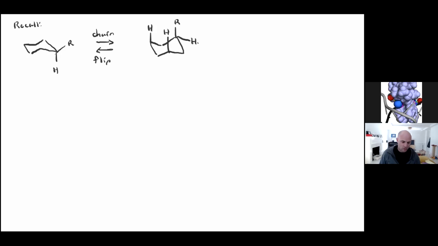Okay, and so we said that for monosubstituted cyclohexanes, when you have a substituent, you can have two chairs where it's sitting in either the equatorial or the axial orientation.